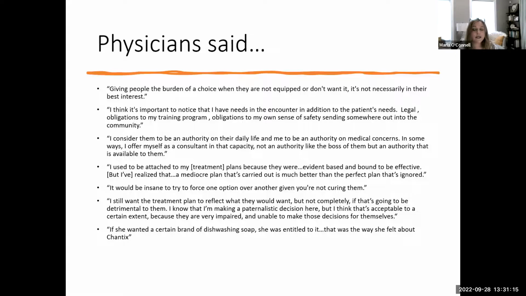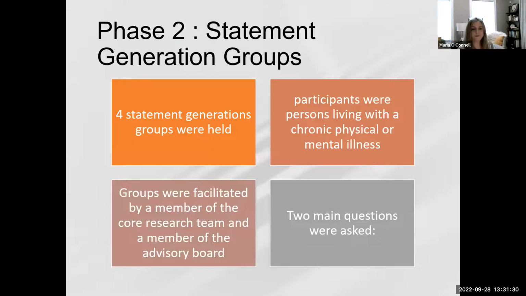So you can see a little bit of the different views and some of the reluctance, hesitation, concerns about this process of shared decision making here. So the next step in this, and this was a concept mapping project, was to do statement generation groups.